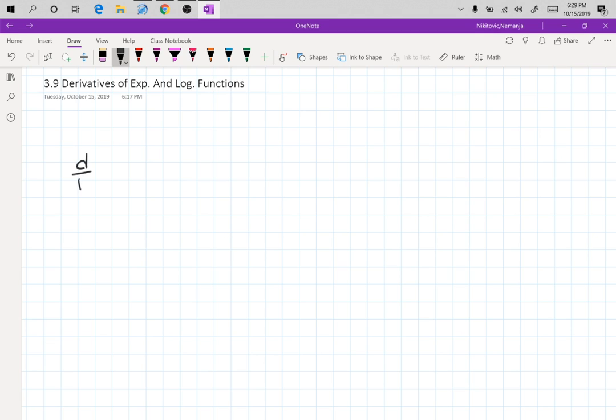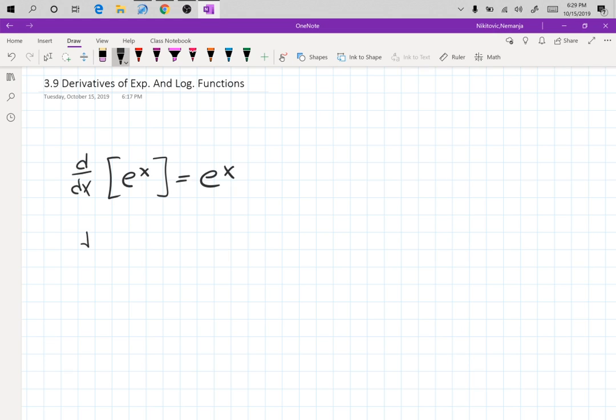The derivative of e to the x is just e to the x. There is an easy proof using the limit definition if you want to work it out, but we don't have to.